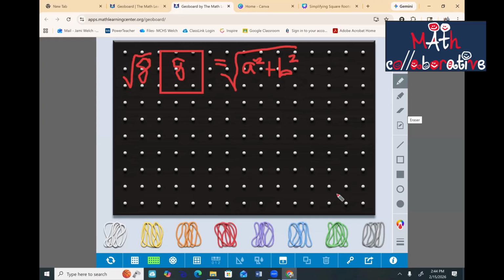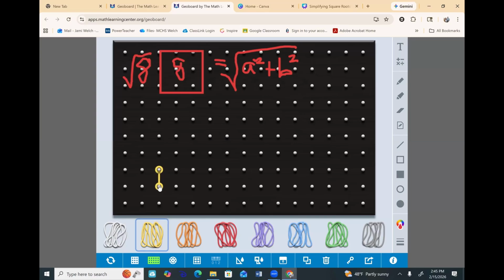And so you could really guide students here. I feel like as a teacher, you need to remember that this is not the goal for students. We don't want students to make these visuals. Our goal is to move them beyond the visuals. So don't get too bogged down in this. You may say, hey, what if I do a 2 by 2 triangle, and what would this side length be?